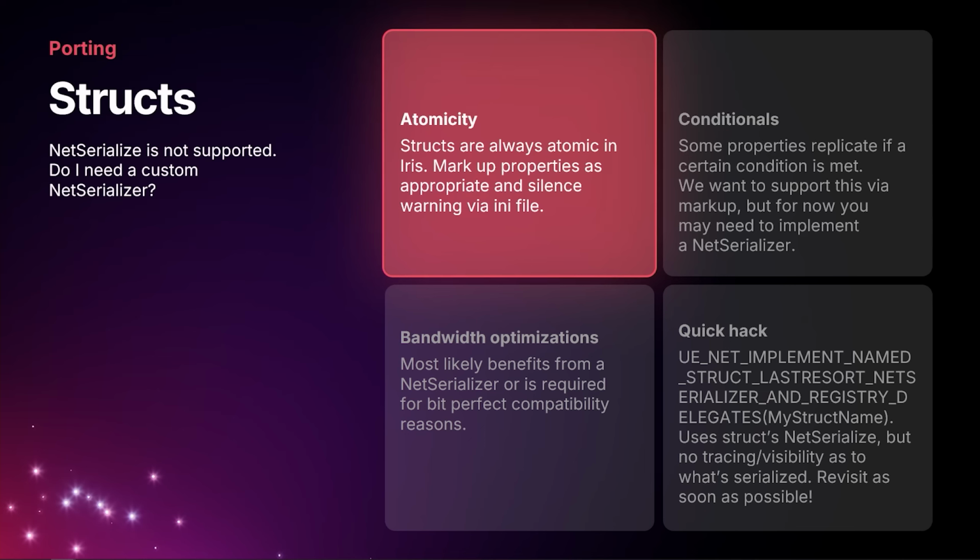One of the reasons to implement NetSerialize was to get that atomicity. So you just need to mark up your properties correctly. In structs, that means marking properties as not replicated if they're not replicated, and having them as UProperties if your NetSerialize method accesses a member.